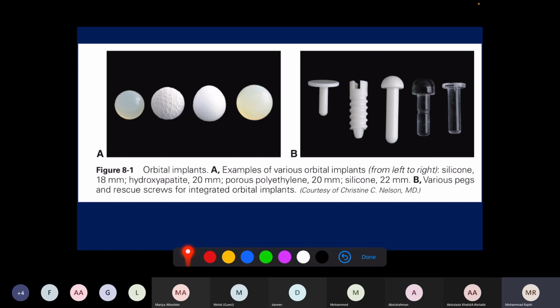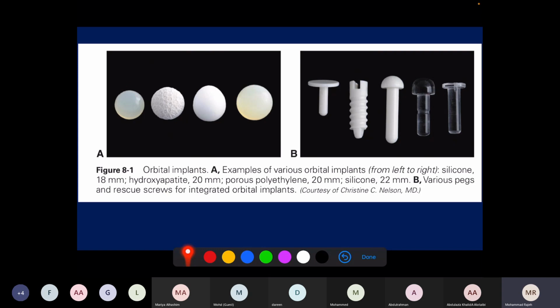Okay. The orbital implants, you don't need to know about silicone and PMMA, but you need to know that there is integrated and non-integrated, or porous and non-porous. So hydroxyapatite is porous. However, silicone and PMMA are non-porous.